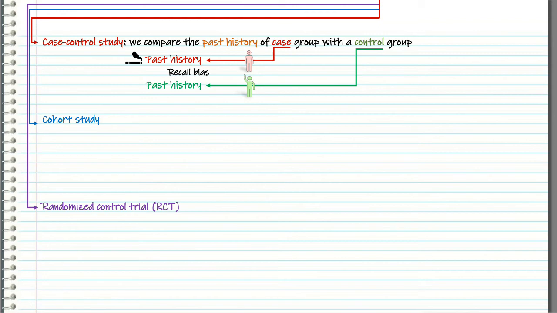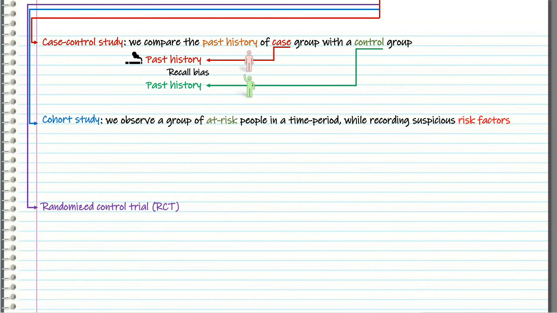The next one is the cohort study. In a cohort study, we are looking at a group of people who are at risk but don't have the disease. We follow them over time, and we can divide them into the people who get the disease or condition and the people who don't.